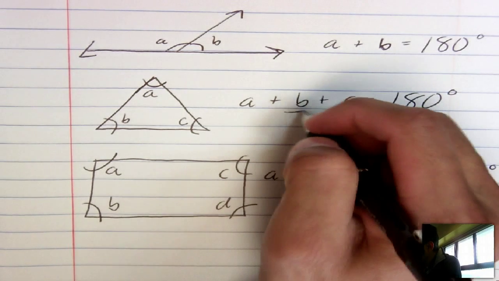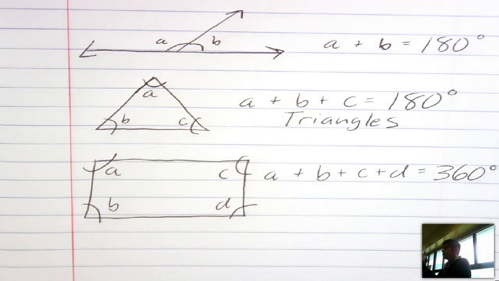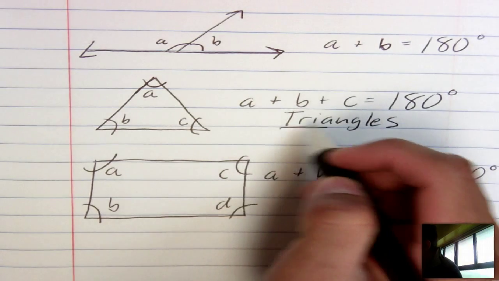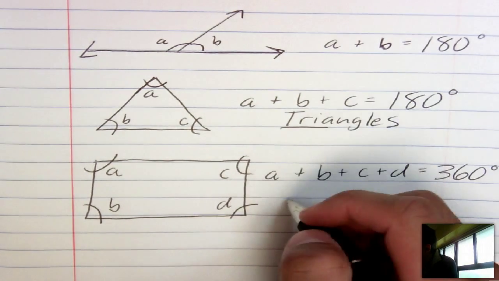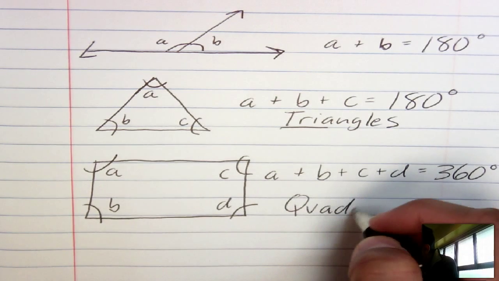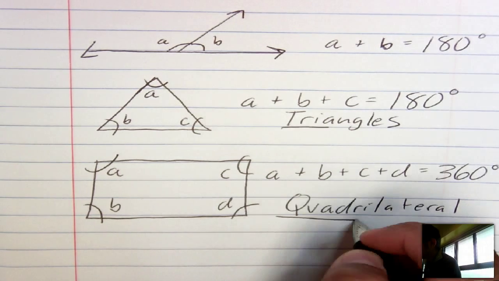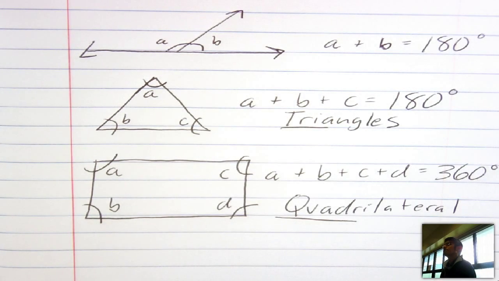Okay, so this is for triangles. Because tri means three, like a tricycle, tri means three. So three angles equal 180, and a quadrilateral equals 360. And that would be like a square and a rectangle. Okay, those are 360. Okay, we're going to be using this information in class the rest of the week.